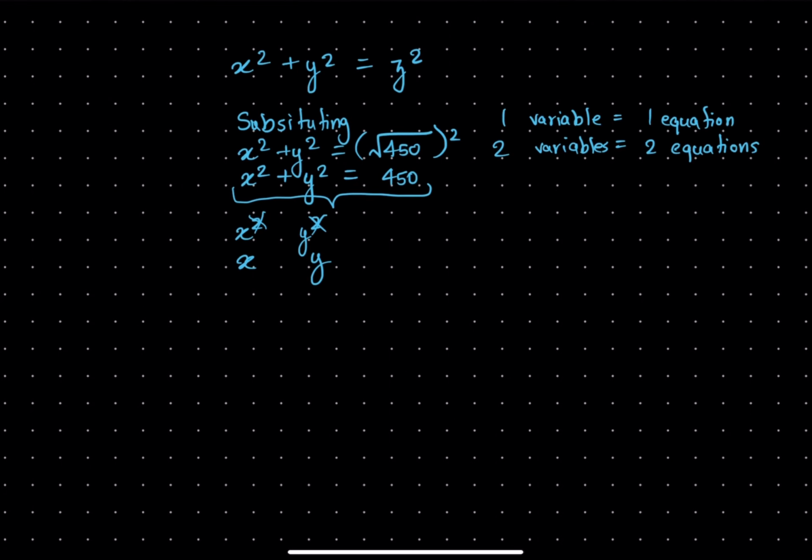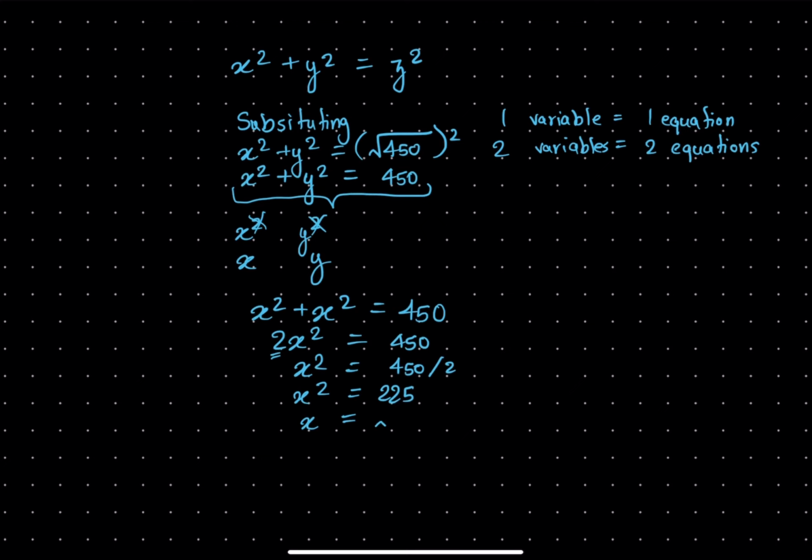So we can write x squared plus x squared gives us 450. So we can write this as 2x squared gives us 450. Now, if we take the 2 to the other side, x squared gives us 450 divided by 2, which gives us x squared is 225. Now, our last step is to find the square root of 225, which is 15.